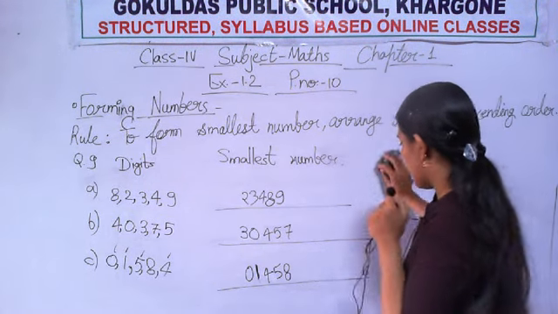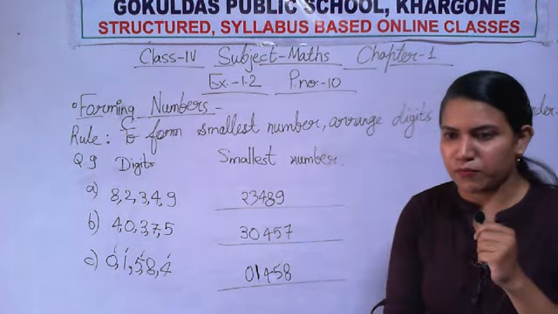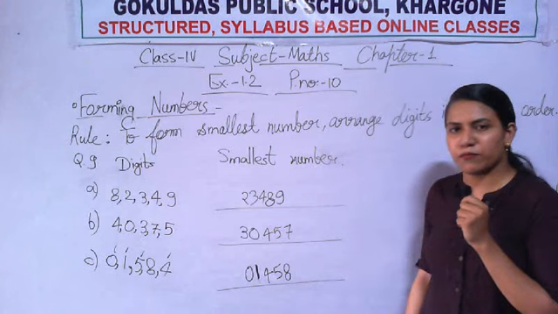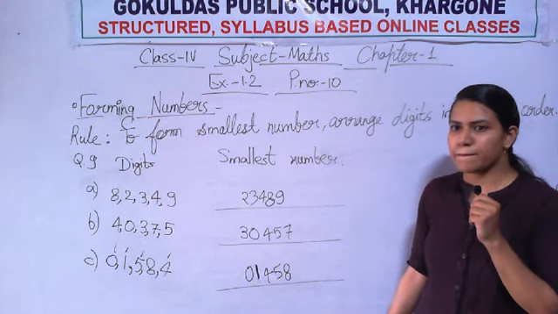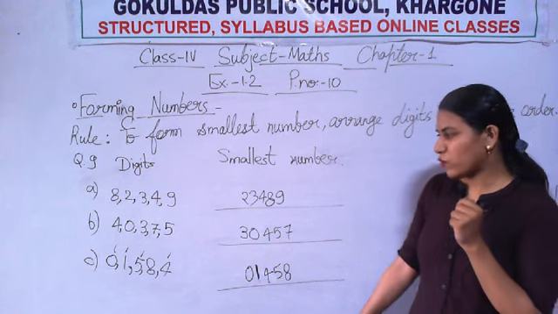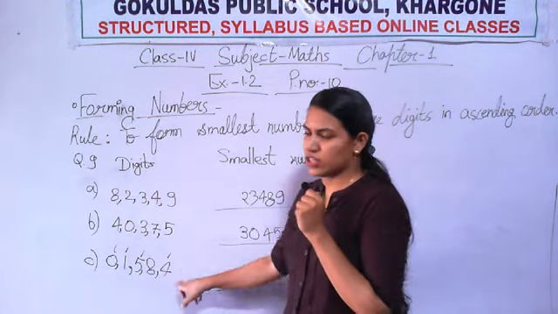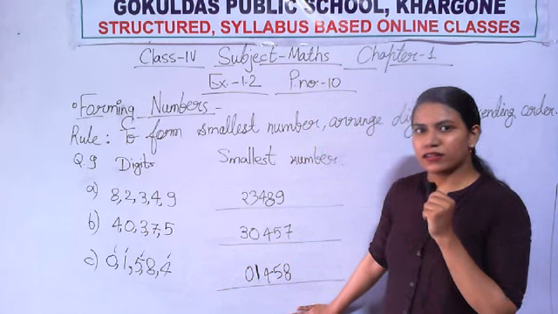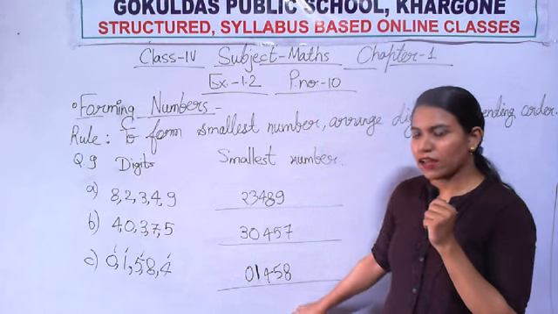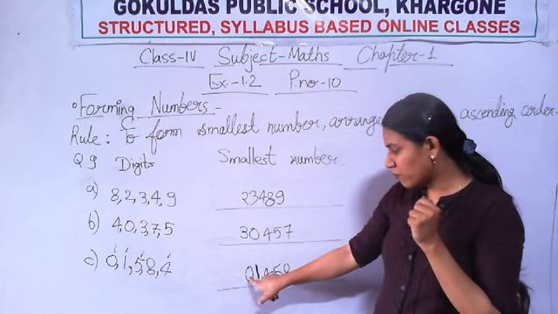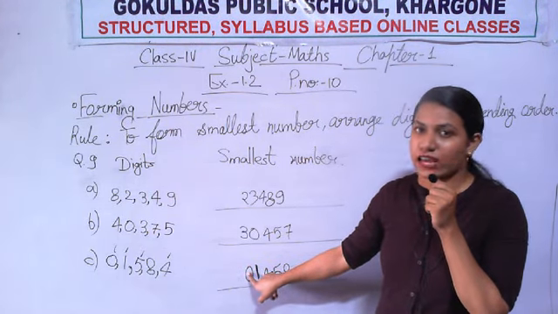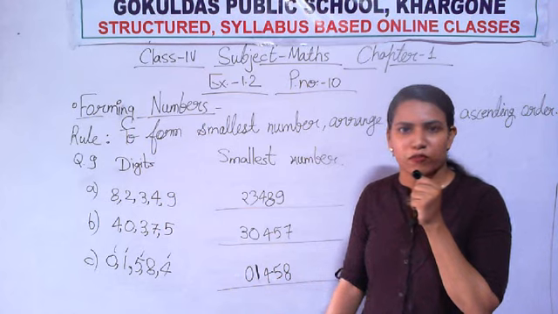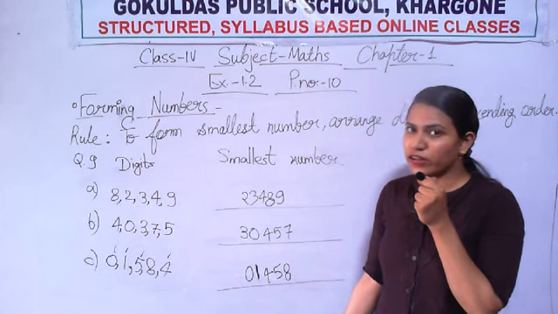Okay, now am I right? Is my answer complete here? Is it correct to write the smallest number? We want to form the smallest number using these 5 digits. Is it correct? No. Why? It is not correct because 0 is at the leftmost place, and when 0 comes at the leftmost place, what do we do? We ignore it.